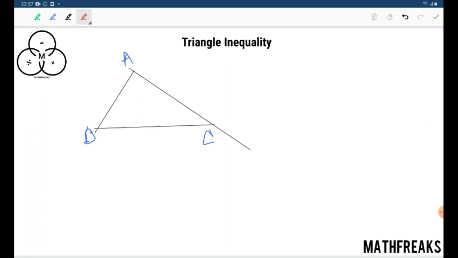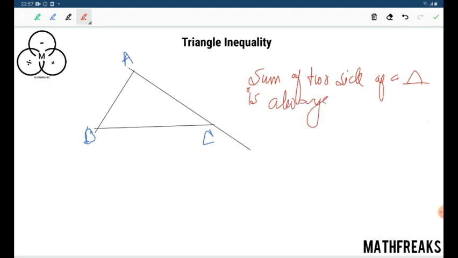According to triangle inequality, the sum of two sides of a triangle is always greater than the third side.